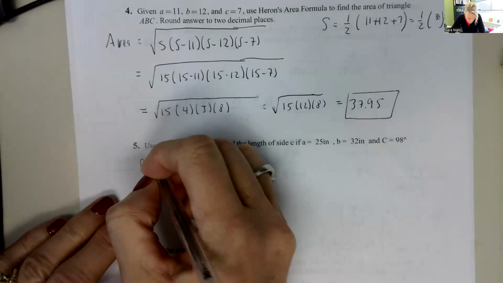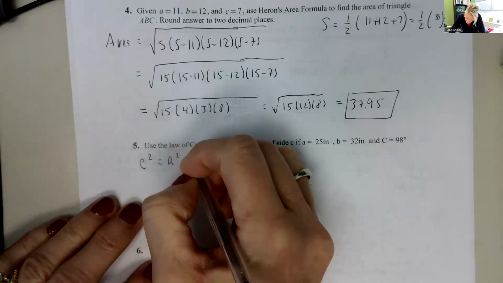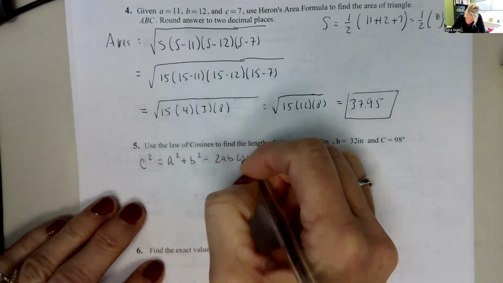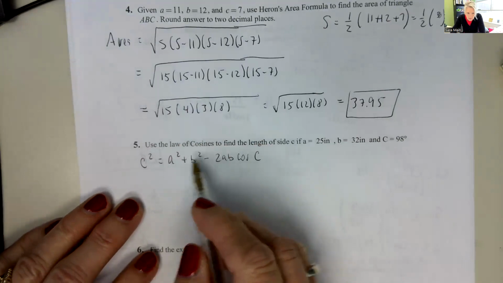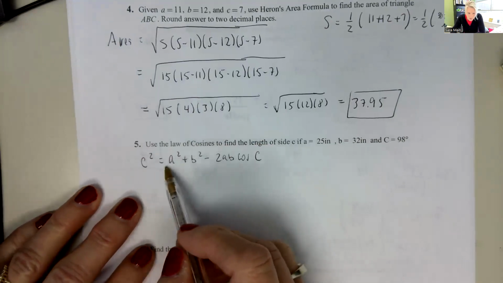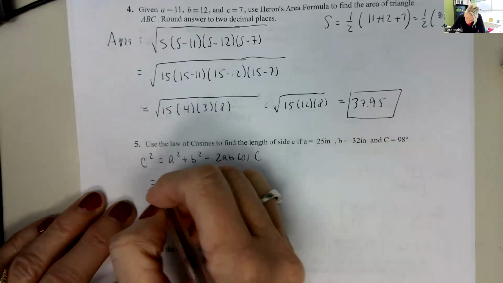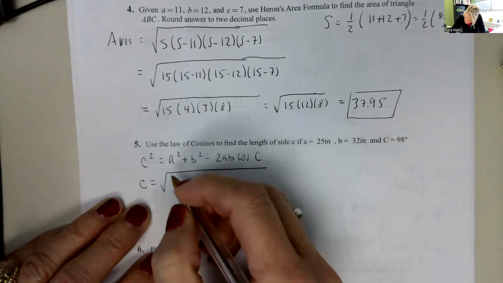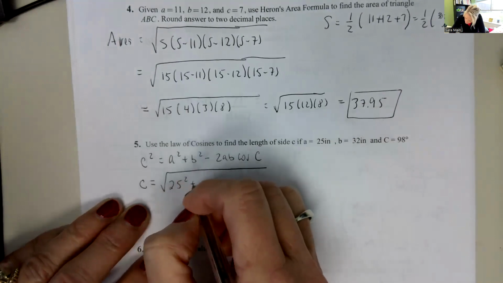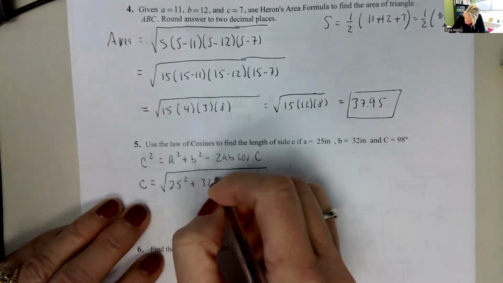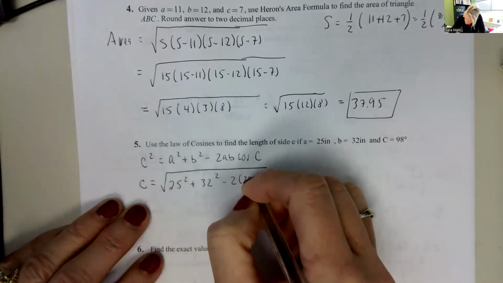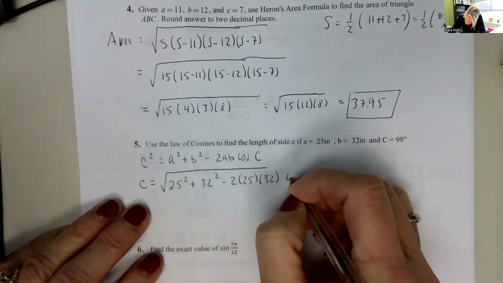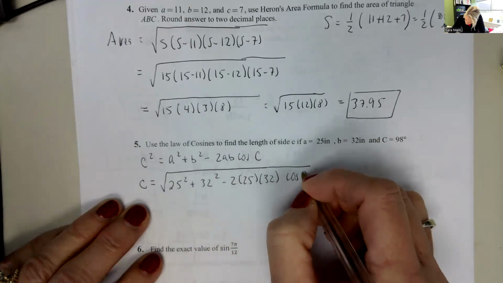So I'm using C squared equals A squared plus B squared minus 2AB cosine of C. And so if I know C squared equals this, I can take the square root of all of that to find C, which is what I want to do. So I'm going to put in 25 squared plus 32 squared minus 2 times 25 times 32 times the cosine of 98.